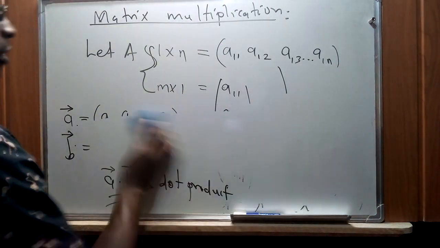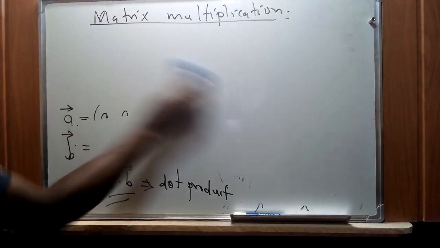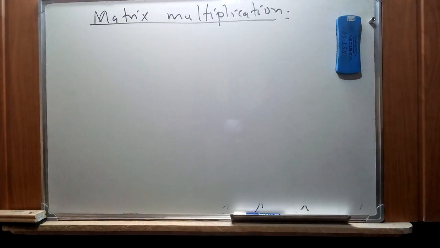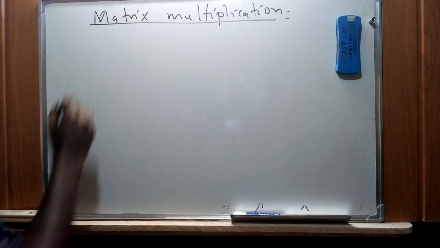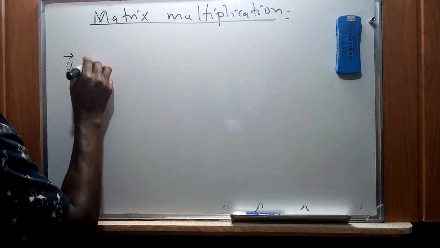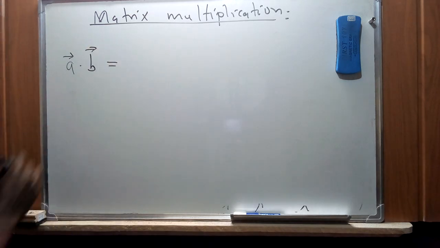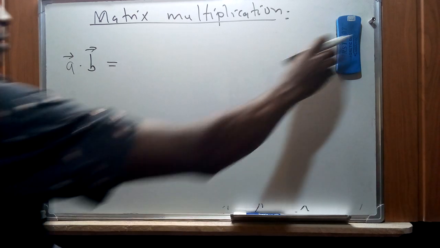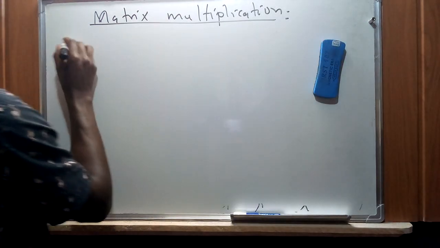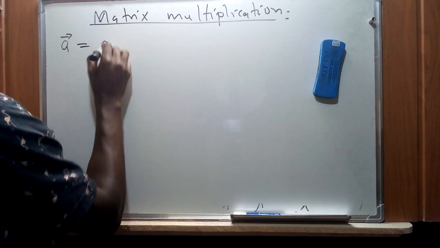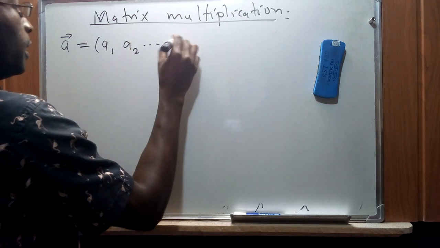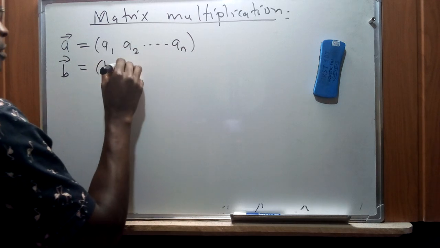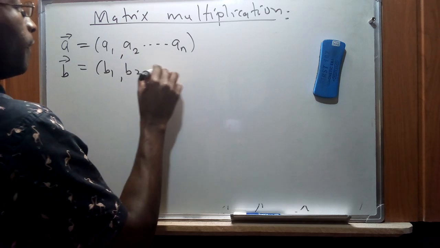Vector A is represented as A1, A2, up to An, and vector B as B1, B2, up to Bn.